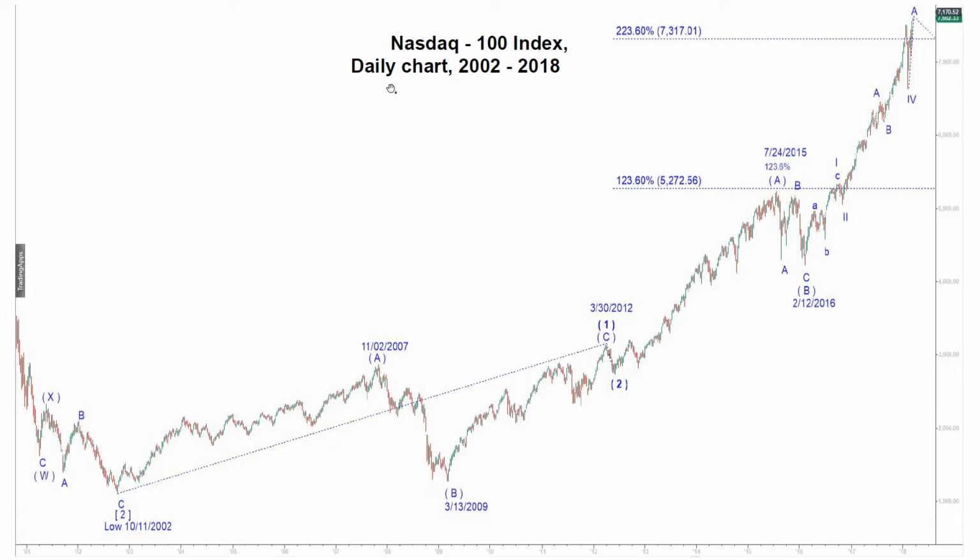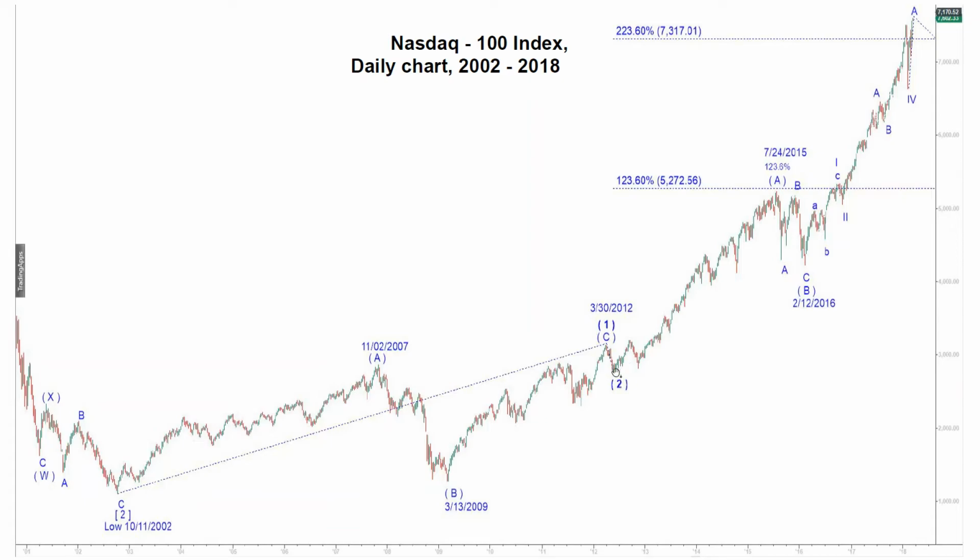So here, as you can see, we switch to the daily chart. We need more details because we are going 1 degree lower. That move into November 2007, I would count as a 5-wave move up. It would be A up, then corrective B down into March 2009, and another 5 up into March 2012. I would count it ABC as 1 up, then a very shallow, like negligible, wave 2 down.